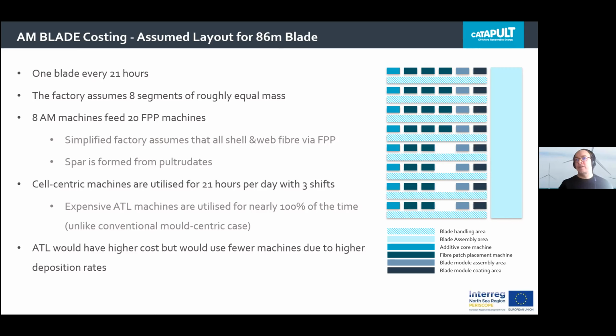So those, as you can see on the right-hand side, those blue sections of additive cores basically feed 20 fiber patch placement machines. And the assumption is those have been used for 21 hours within a 3-shift labor rate.